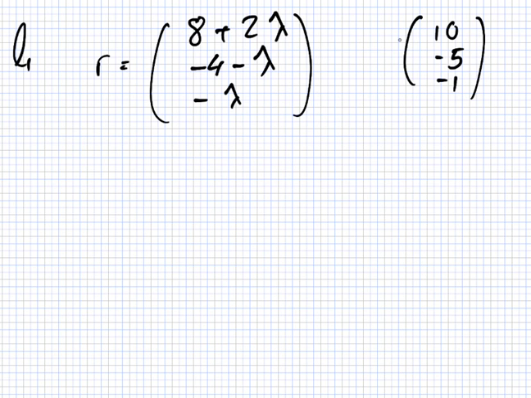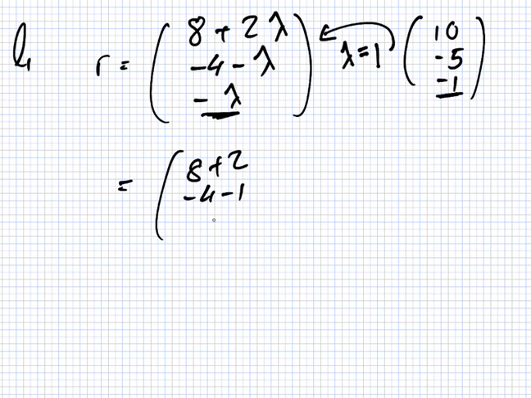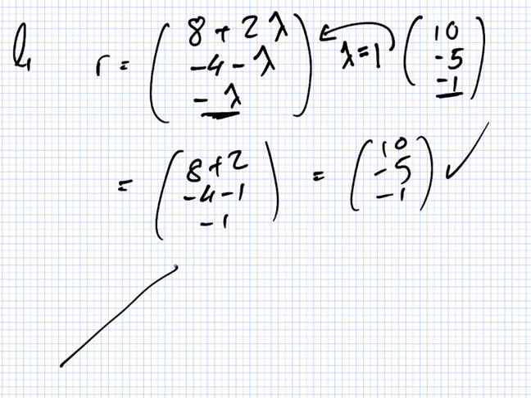So if this point is on this line, what should the lambda equal to make these numbers match? 1. For example, how can you make minus 1 equal minus lambda? If it's 1, so let's check it. 8 plus 2 minus 4 minus 1 minus 1, what does that equal? 10 minus 5 minus 1. So we've shown that this point is on L1.